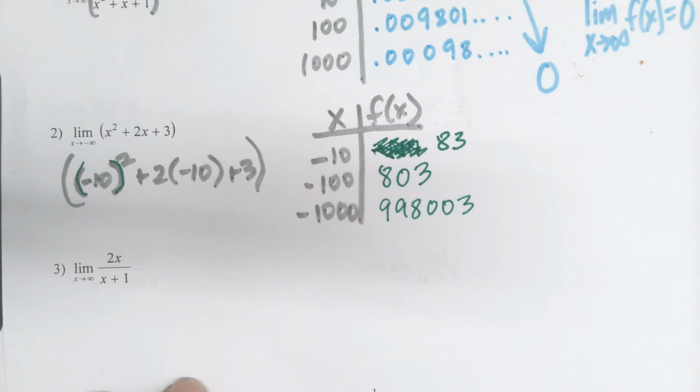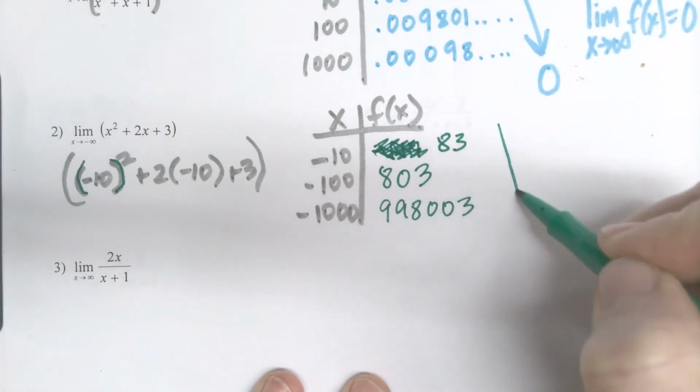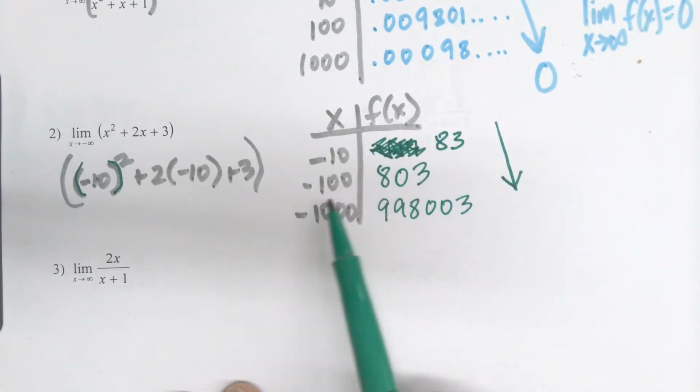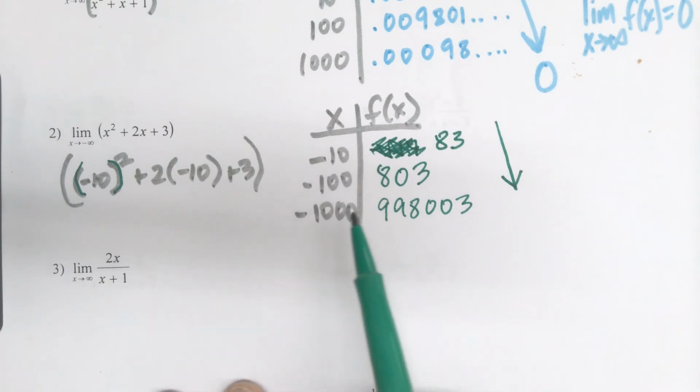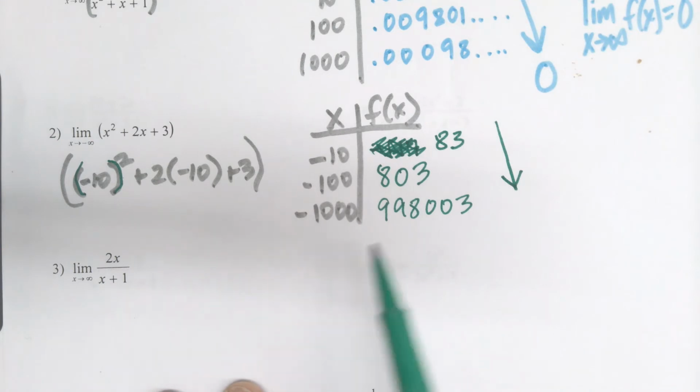So again, here we have our values: 83, 803, 998,003. What does it look like is happening to these values? Can you envision if you put in negative 10,000, negative 100,000, negative 1,000,000?